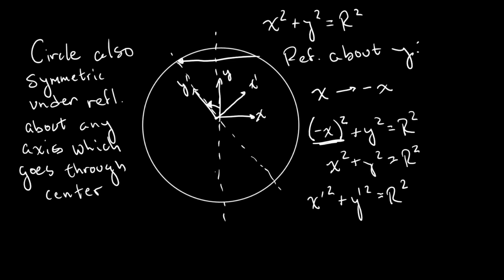Now, this is great, but in this particular case, we knew the equation beforehand. We knew the equation of the circle, and we wanted to show the symmetries that this equation exhibited, or that the physical system, in this case the circle, exhibited. But often in nature, or in reality, we know the symmetries, and we want to find the equations which describe that system.